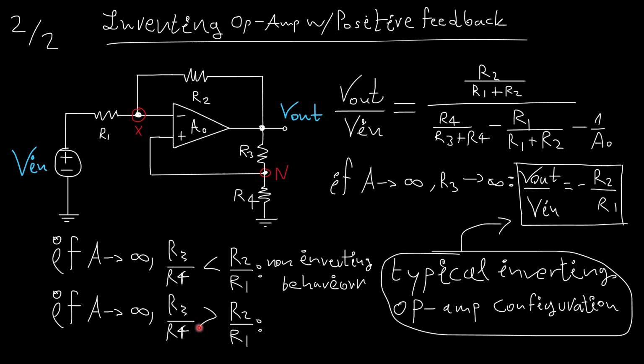Respectively, if R3 over R4 was larger than R2 over R1, I would notice an inverting behavior from my results. This says to me, again, I have two very, very different behaviors. Three, if you count that there is a case where R3 over R4 is very close to R2 over R1. And that's it. This is the very strange configuration.